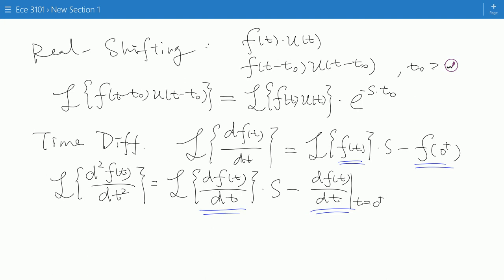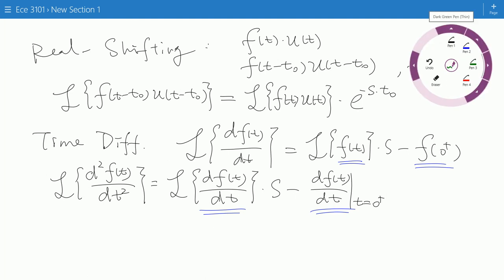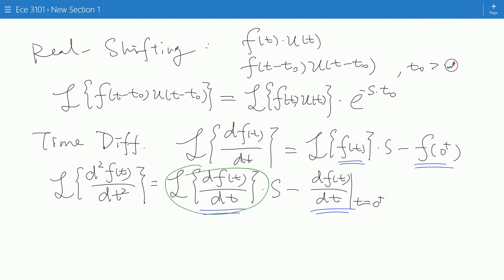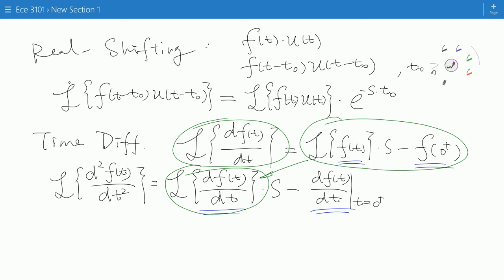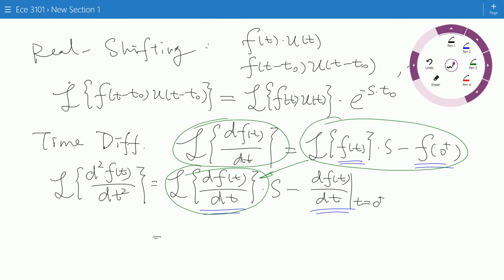Now we can move one step further, because here you have the Laplace transform of the derivative, and this is the Laplace transform of the derivative. So we can plug in the right hand side of this equation to replace this. And what we're going to obtain is the following: Laplace transform, multiplied by s here, and this s will become s squared.